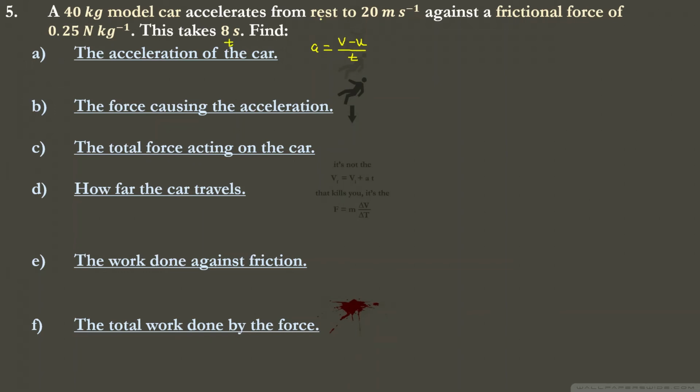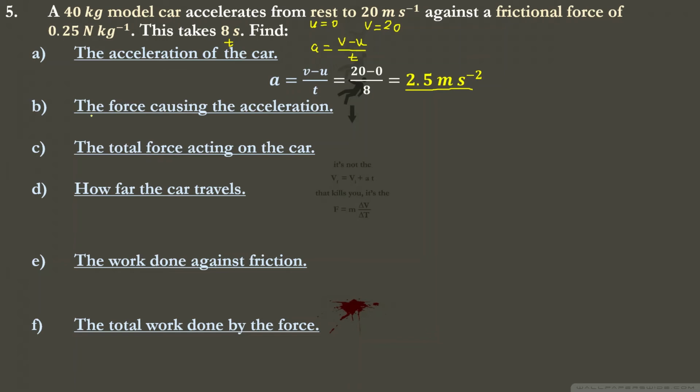We know that the initial velocity, which is at rest, would mean u is equal to 0 and that v is equal to 20. So if I substitute these numbers into my equation, I find that the acceleration is 2.5 meters per second squared.